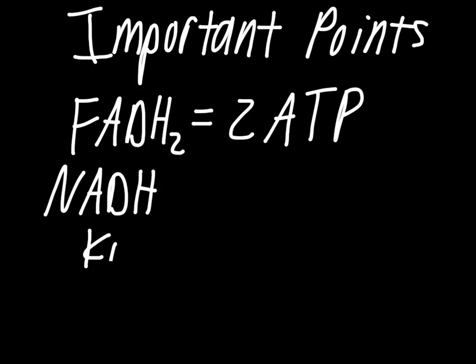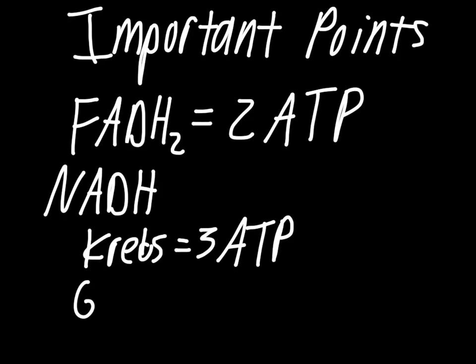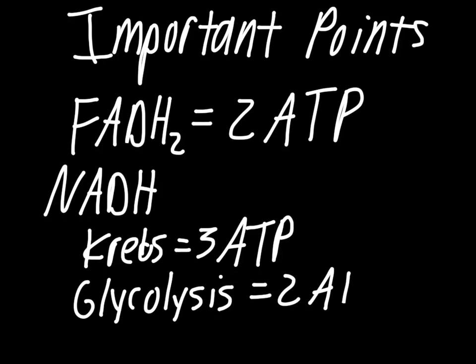The NADH from Krebs is worth 3 ATP. The NADH from glycolysis is worth 2 ATP, because it has to be transported inside of the mitochondria in order to be converted into energy. All of the other ATP in this process is made directly in the other steps.